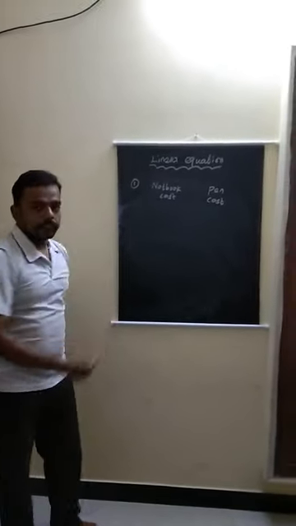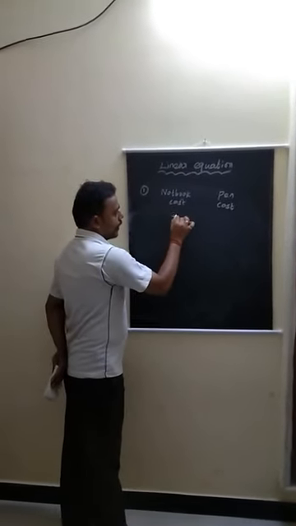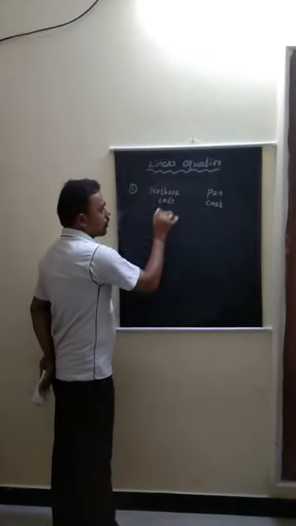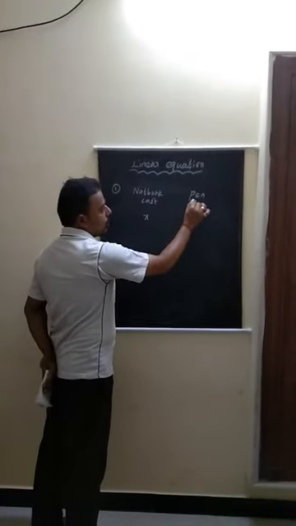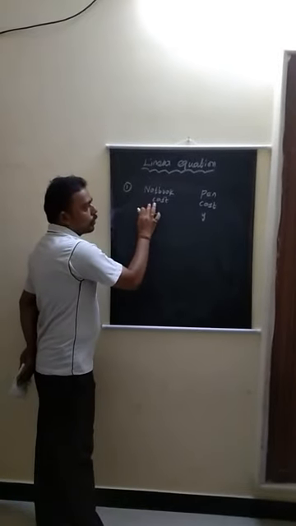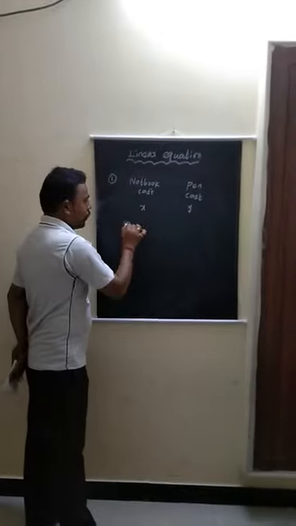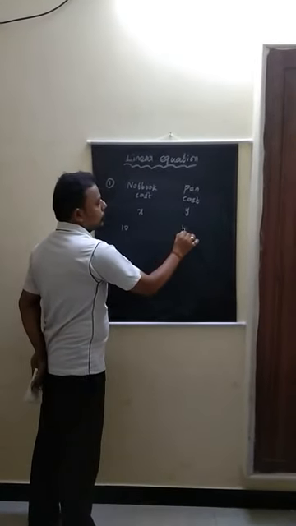We are going to introduce the variable. Suppose the cost of the notebook be x, then cost of the pen be y. Given notebook cost is twice the cost of pen. That is notebook, suppose 10 rupees notebook cost. This one is 5 rupees.